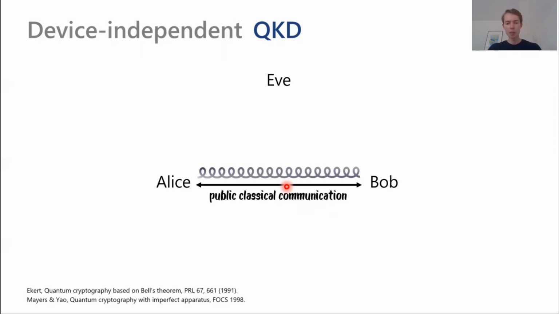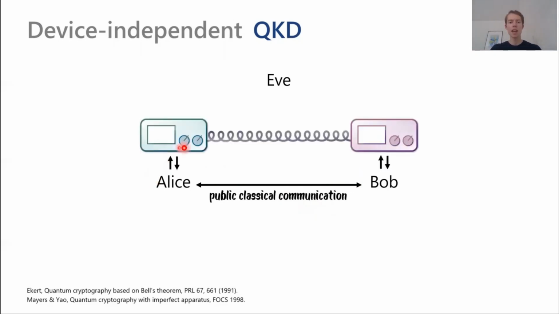Now we need to be a bit more precise about what we mean when we say shared entanglement, because Alice and Bob are just classical people. So really what this means is they have some quantum experimental setup, some quantum device, which they can interact with classically just by pushing buttons and reading stuff off a display. And these two devices are what share entanglement.